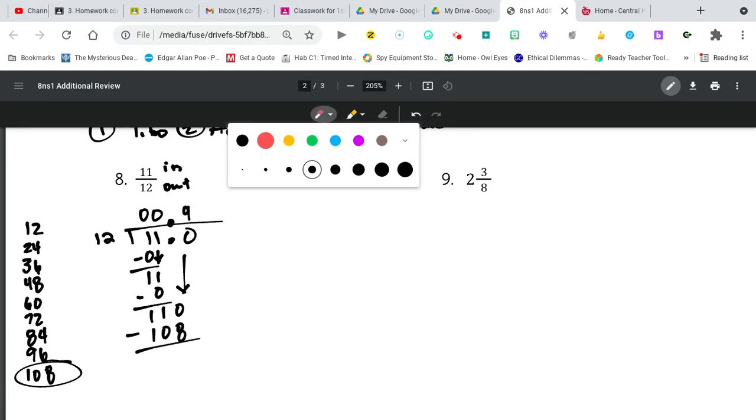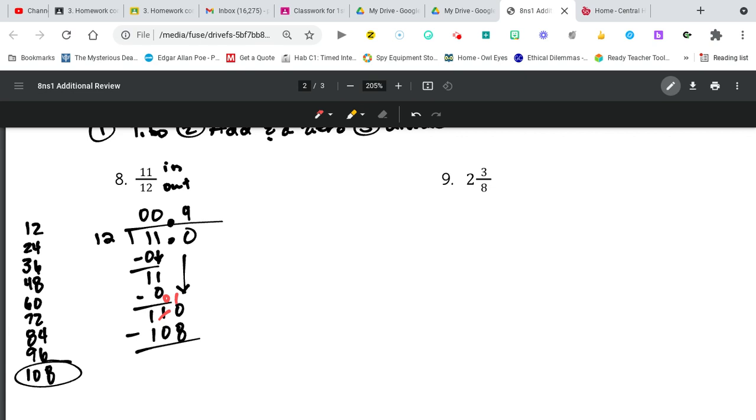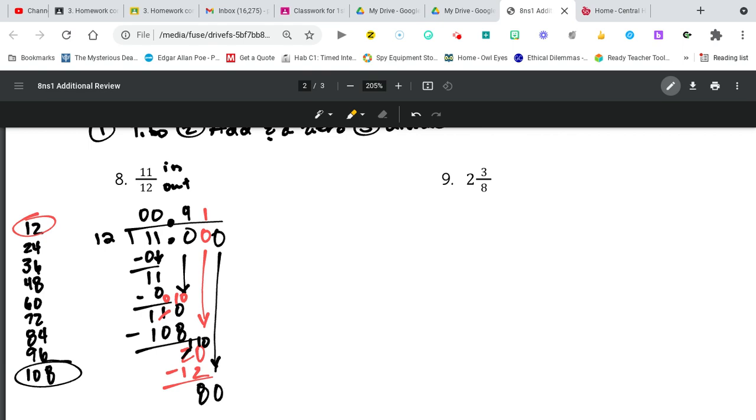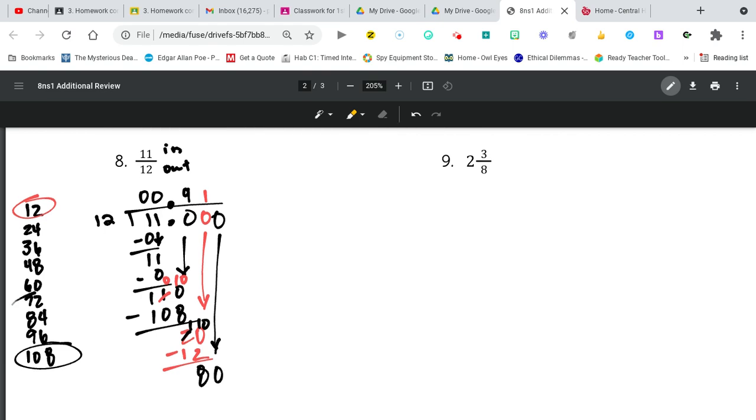I'm going to have to regroup here. Add a 0, bring it down. How many groups of 12 can I get out of 20? Well, that would be only 1. Going to have to regroup again. How many groups of 12 can I get out of 80? Well, that would be 6.